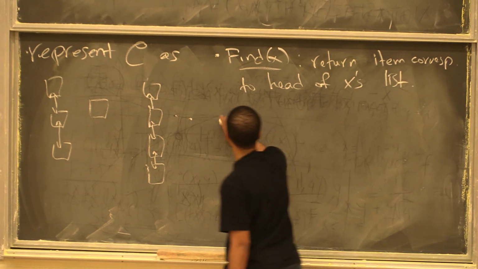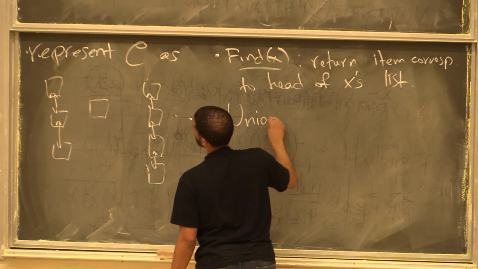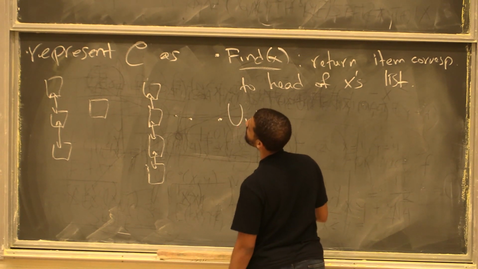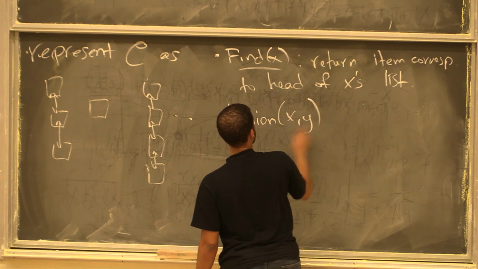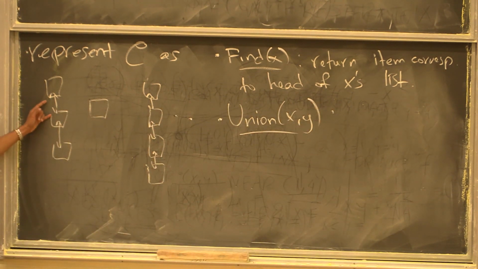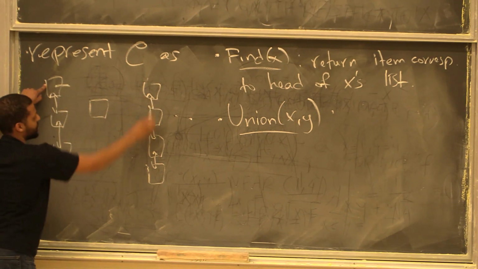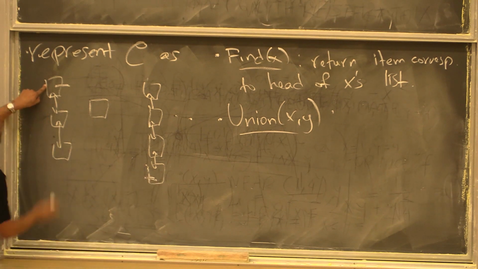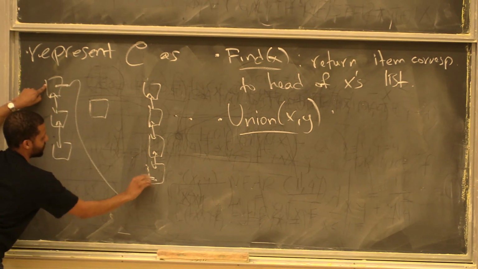And then union. If I want to union 2 linked lists, what do I do? I walk to the head of one, I walk to the tail of the other, and then I make this head point to this tail.